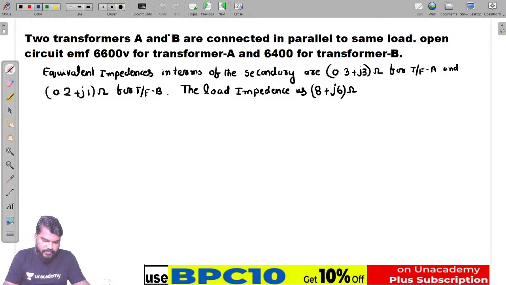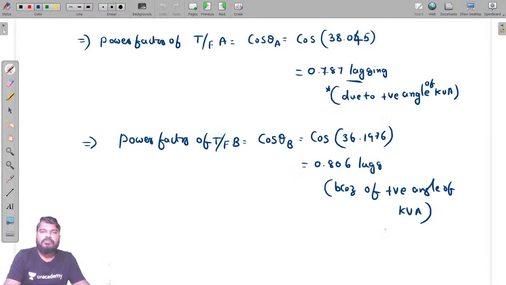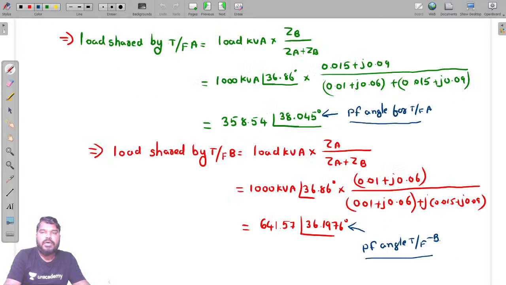What's your question? Here the X by R ratios are equal. I think the X by R ratios are not equal here.